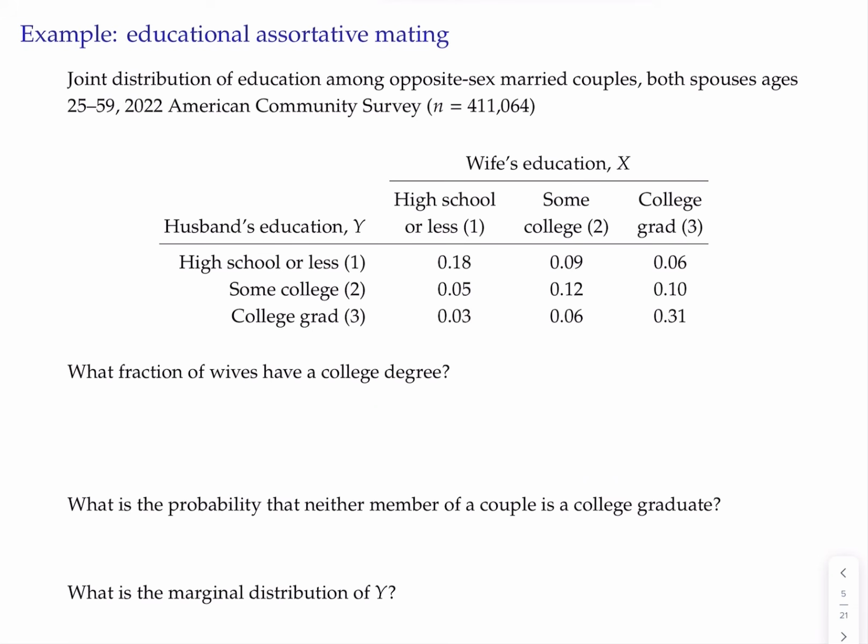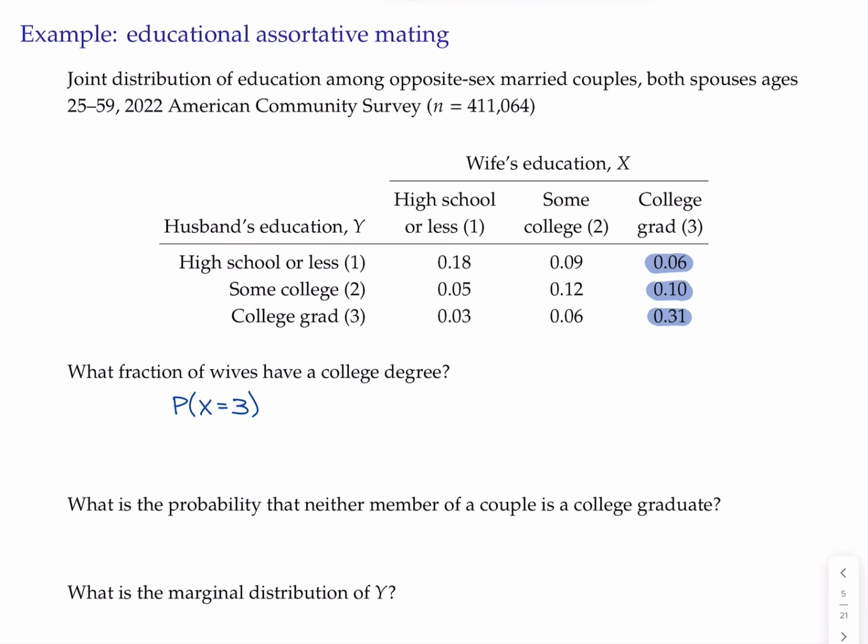We're asked here in the first example, what fraction of wives have a college degree? So what we're being asked to find in terms of random variable x is the probability x is equal to 3, because 3 is the code that corresponds to having a college degree. And this is an example of a marginal probability, because we want to know the probability of something about x alone, not having to do with how it's associated with y.